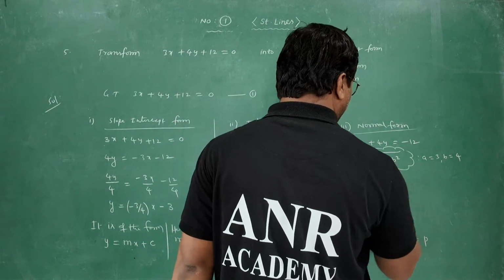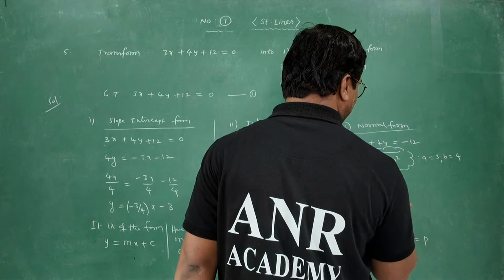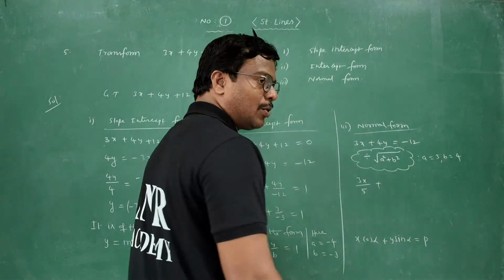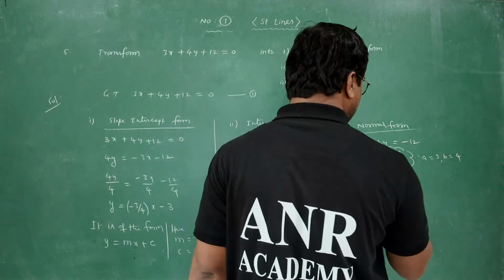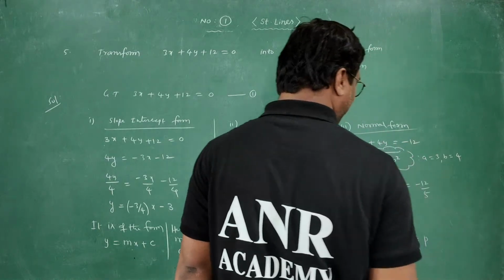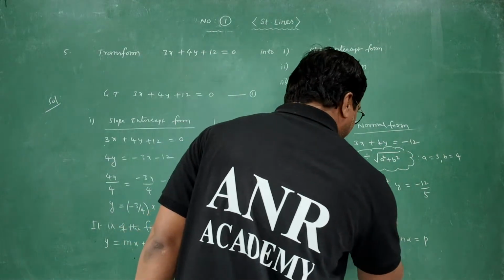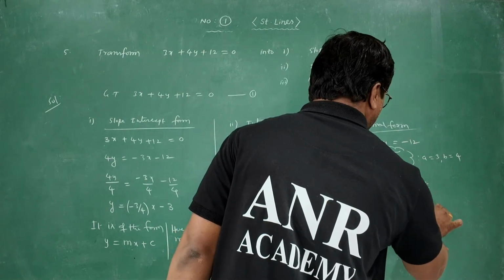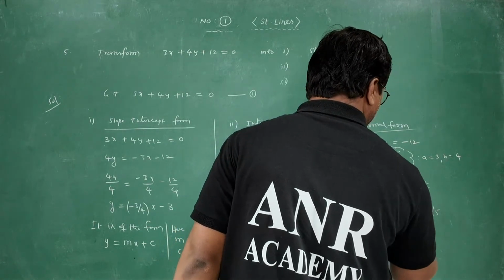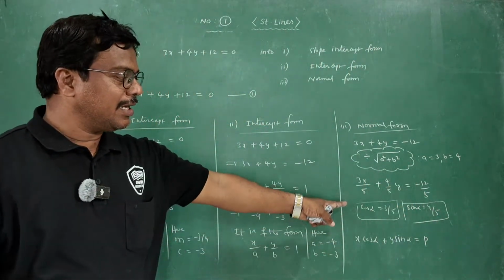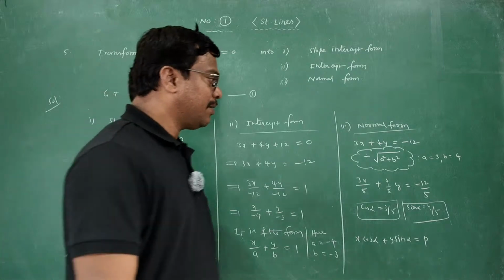So when you divide with 5, you get 3 by 5 x plus 4 by 5 y equals minus 12 by 5. Here cos alpha is 3 by 5, sin alpha is 4 by 5, clearly between minus 1 and 1.